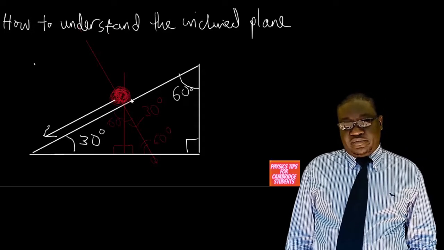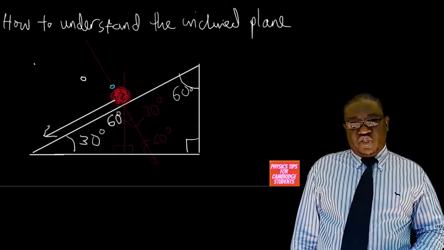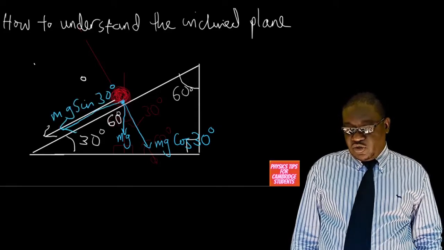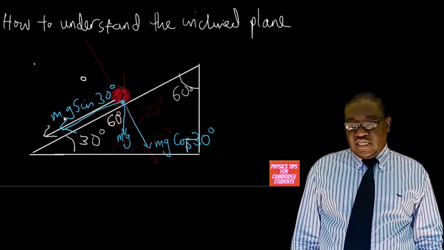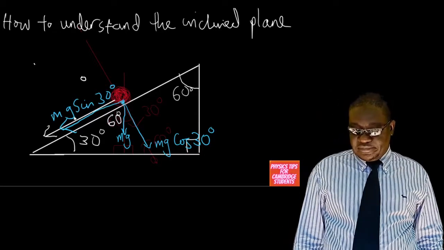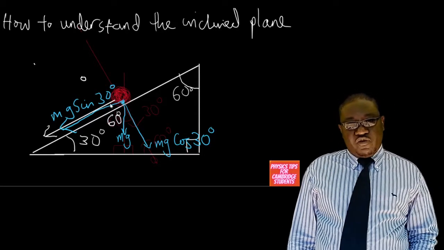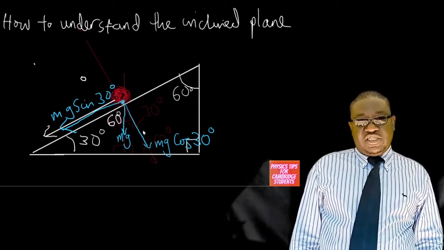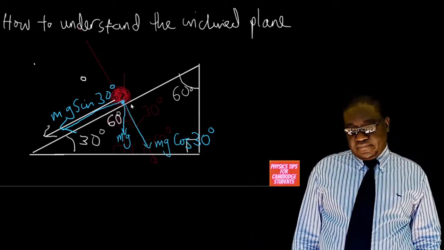Which means that if you resolve parallel to the plane, you are going to get mg sin 30 degrees. And if you resolve perpendicular to the plane, you are going to get mg cos 30 degrees.